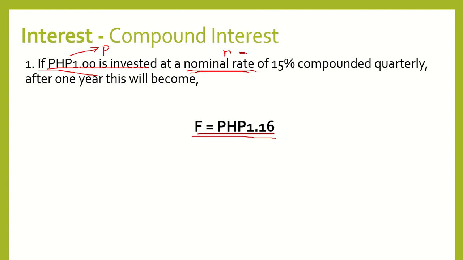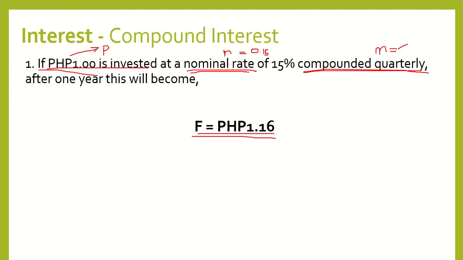If you divide 15% by 100, that would result to 0.15. And then it's compounded quarterly. Since it's quarterly, that means a quarter is 1/4, which means in a year there will be 4 compoundings.